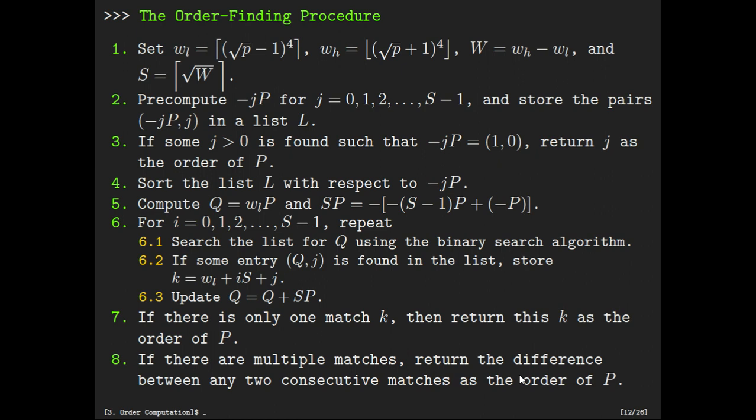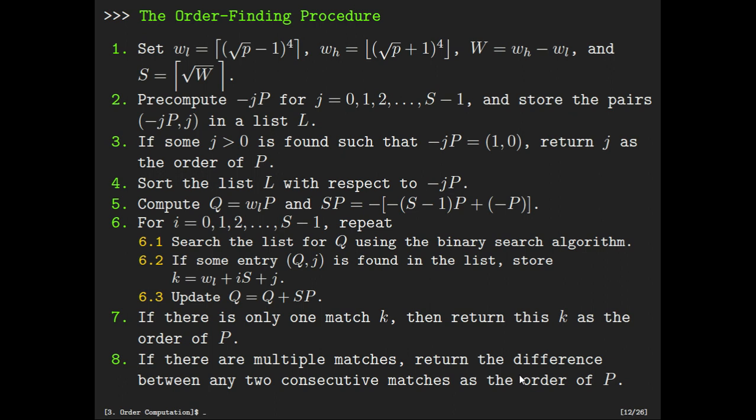So now the point counting algorithm. The order of Jp lies in the Hasse-Weil interval WL, WH, where WL is this and WH is this, and W is the length of the interval, S is the square root of the width of the Hasse-Weil interval.